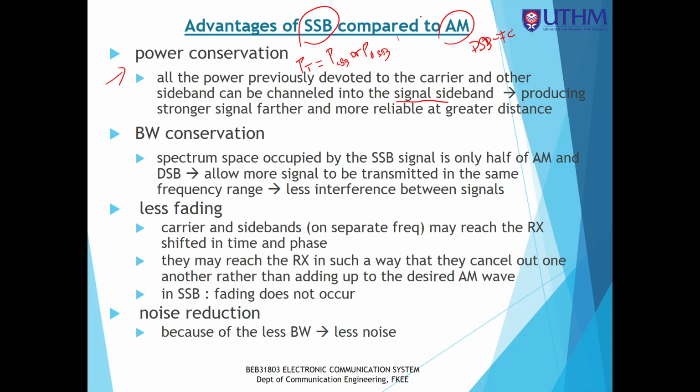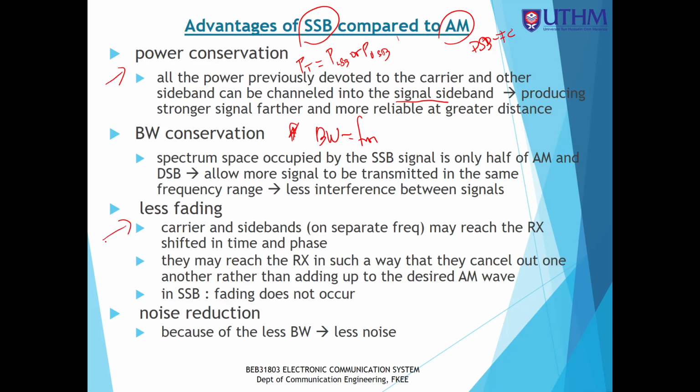So we managed to reduce the total power for the single sideband. And then bandwidth conservation: bandwidth is equal to Fm, half of the double sideband full carrier. So bandwidthnya adalah separuh daripada double sideband full carrier.